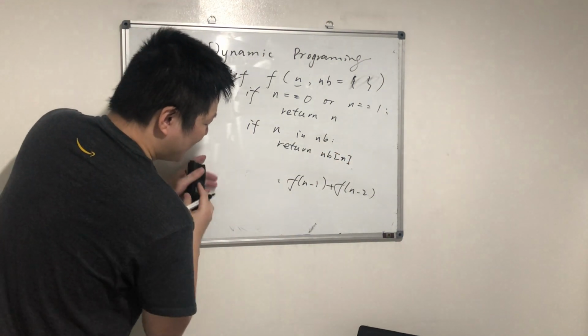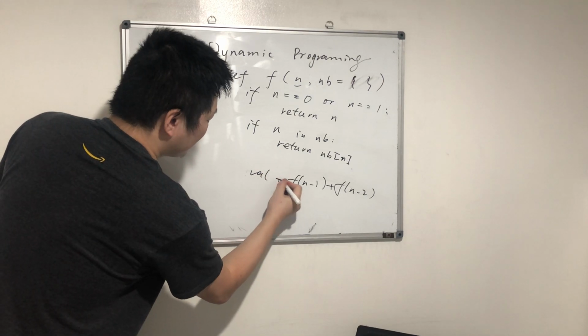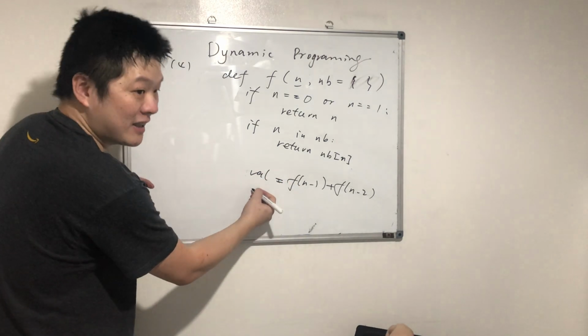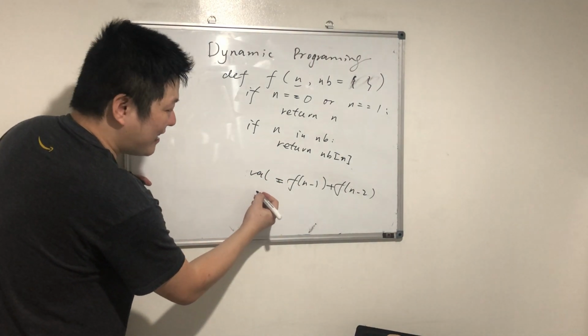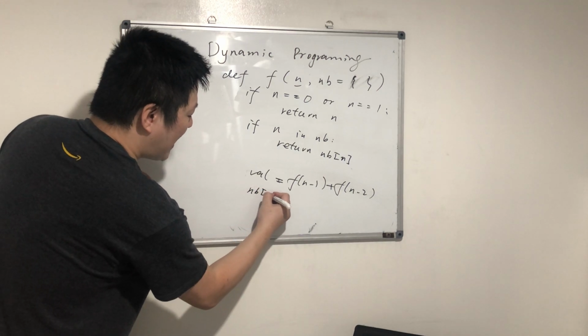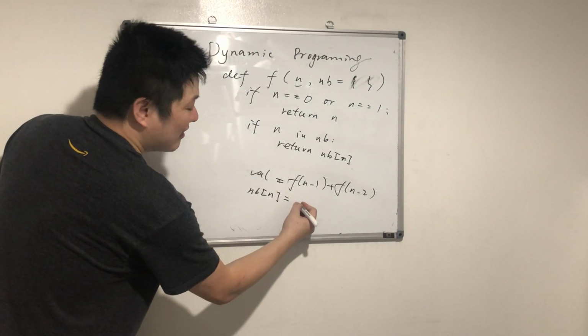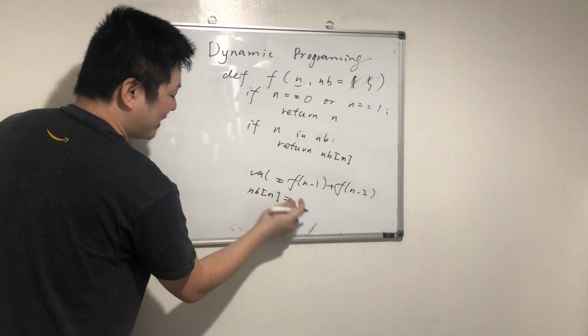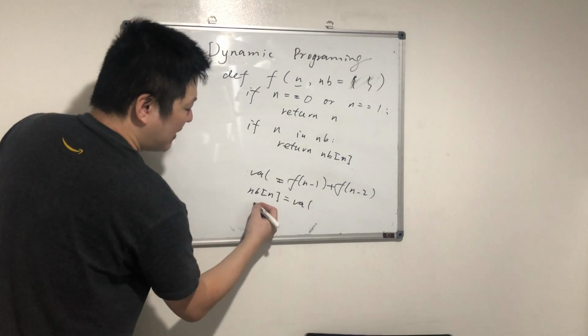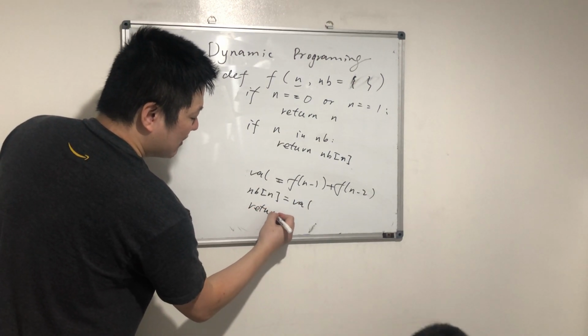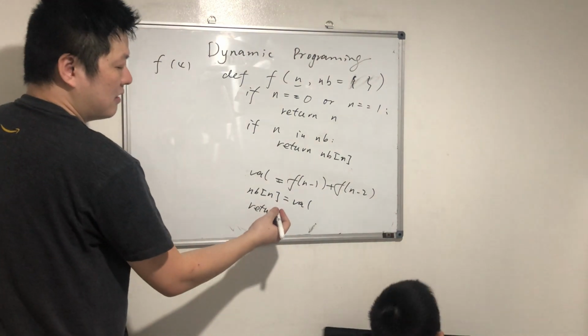And now I need to say value equals, and then what should I do? I should put it in the notebook, right? So notebook[n] equals what? What's the value here? Value. And return what?